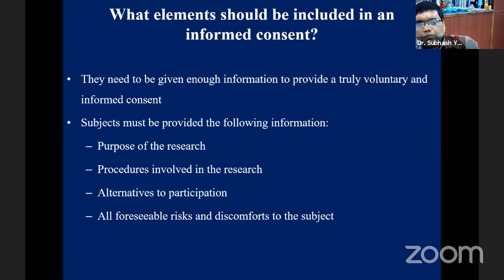The subject must be provided the following information: what is the purpose of the research, what are the procedures involved, what is the alternative if I don't take part in this study, and any risk or discomfort. For example, in some study they are doing ascitic fluid tapping, so it should be mentioned that a needle is going to puncture your abdomen, fluid is going to be taken, and there will be some pain. It should be described in each and every word so that the subject can understand.